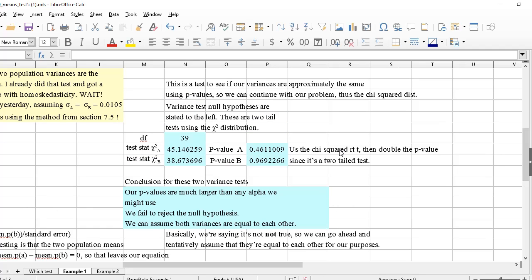So what we're trying to do is see if the variances between the two nuts are the same, to determine which test we're going to be doing to see if the means are the same. So this is an intermediate step to determine how we're going to proceed with our statistics.